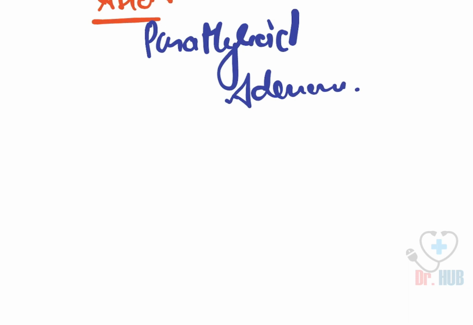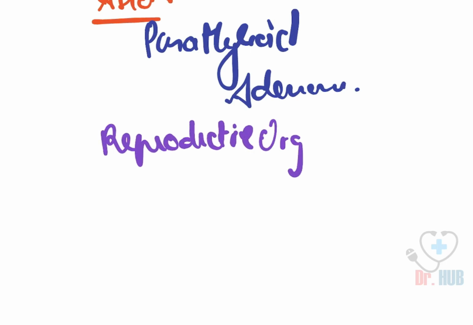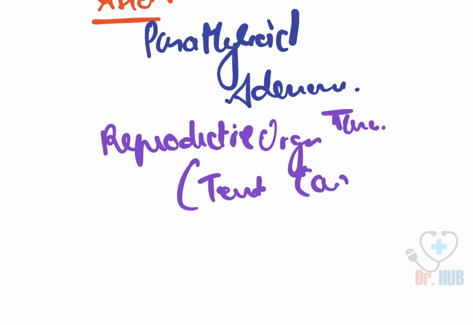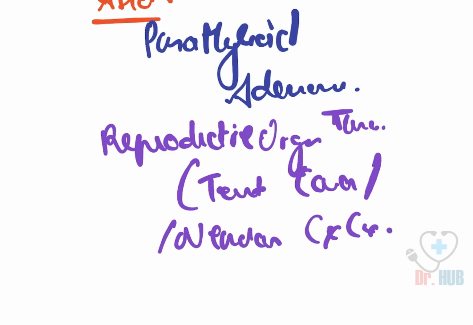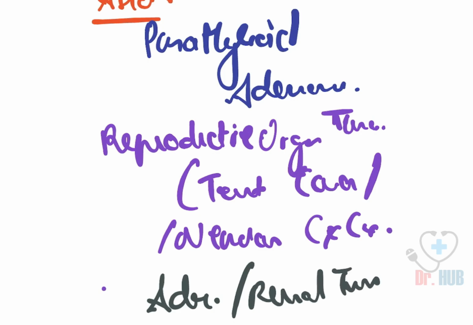Next, it also includes reproductive organ tumors, like testicular cancer as well as neuroendocrine cervical carcinoma. Next, also the adrenal and the renal tumors.